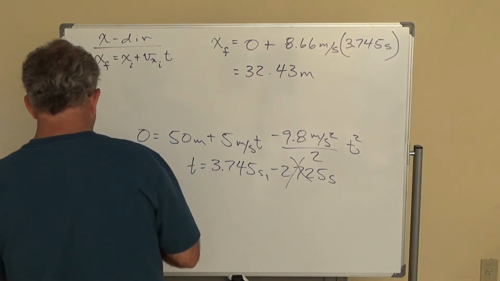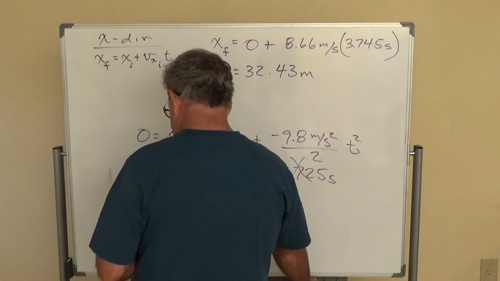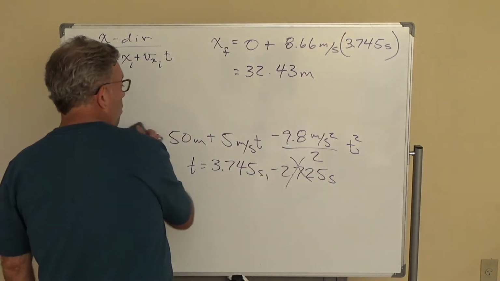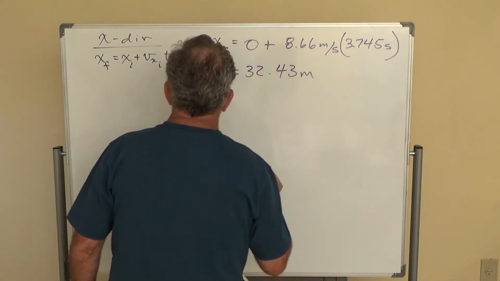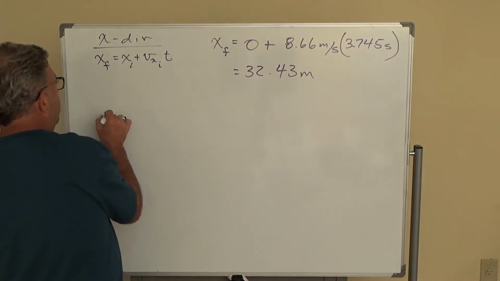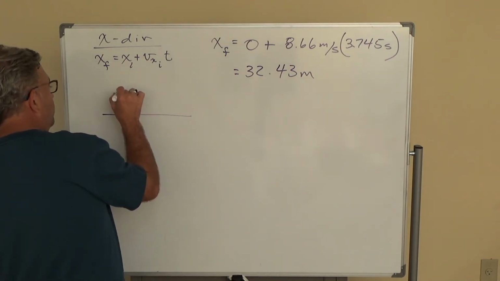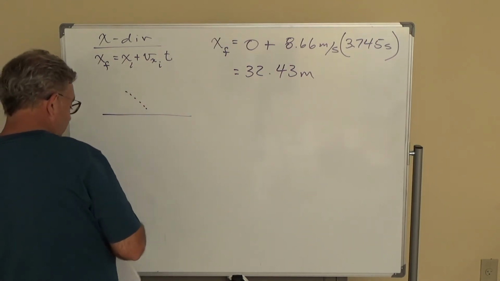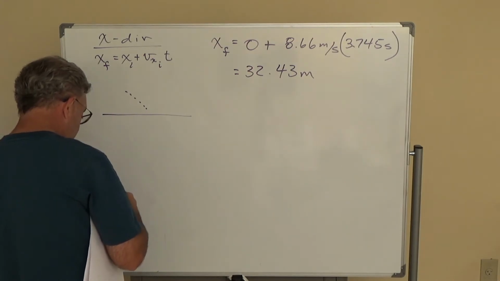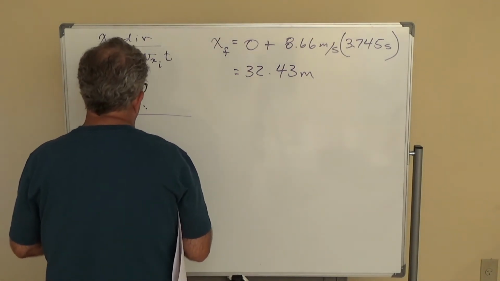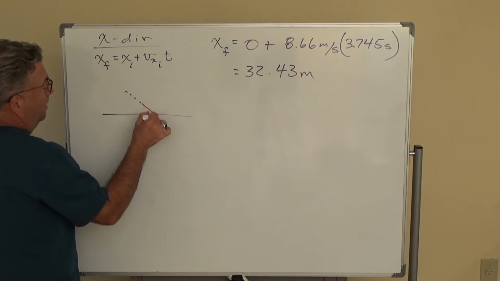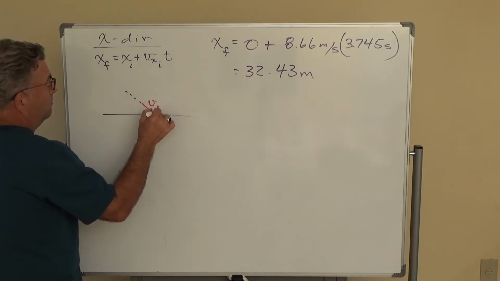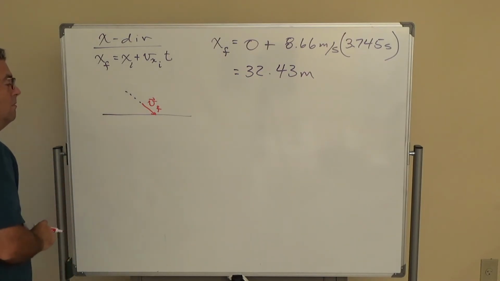Okay? The next question was, what is V final? So let me draw a little aside over here. Here comes the object. It's impacting the ground, and this is V final.